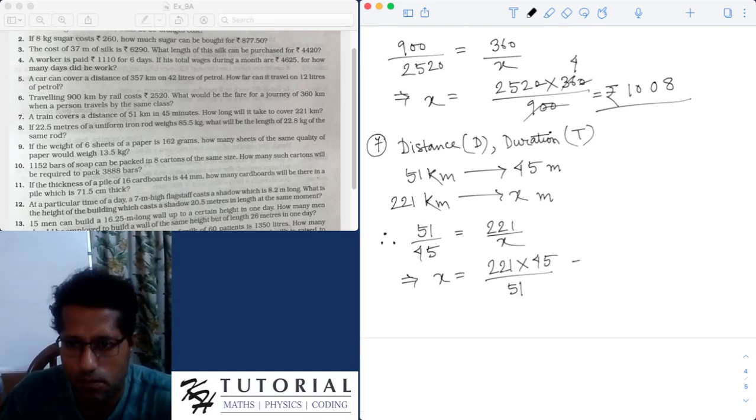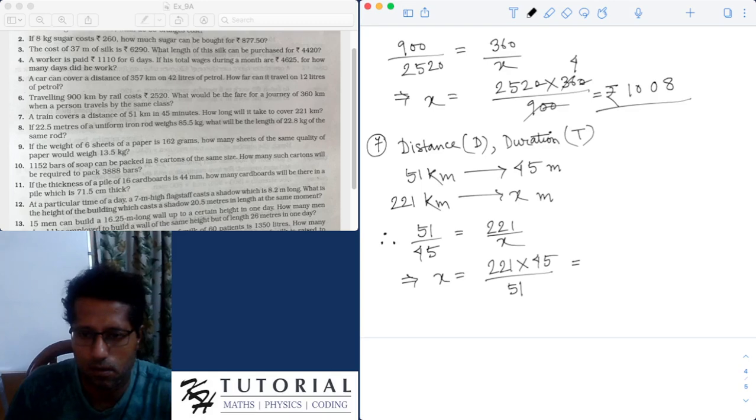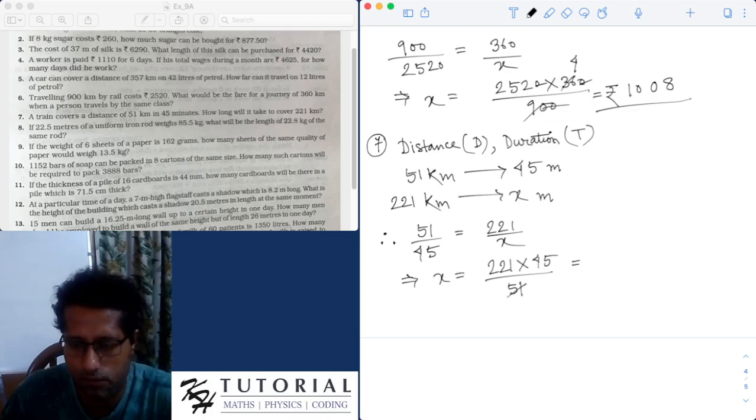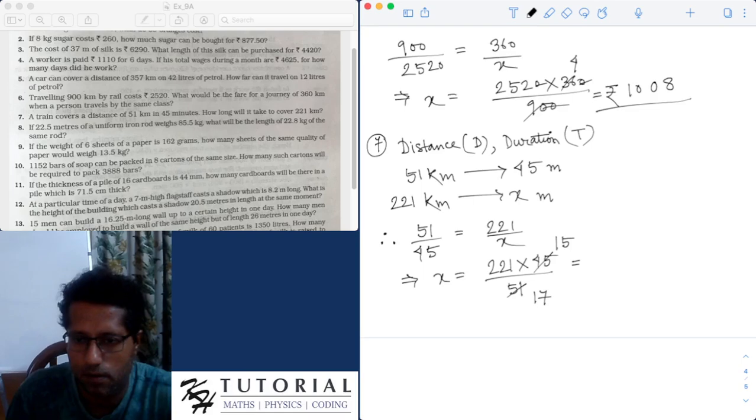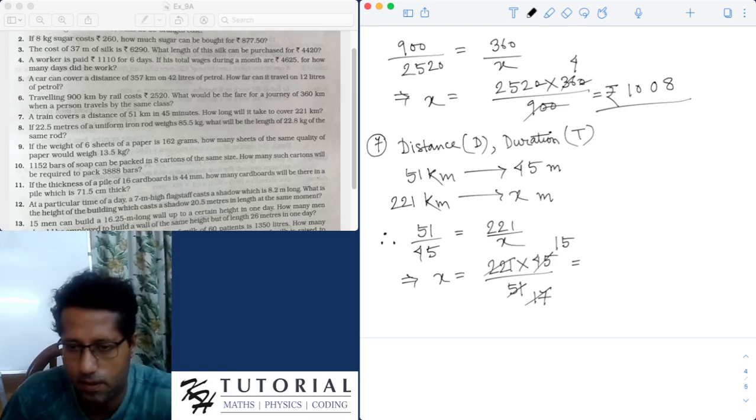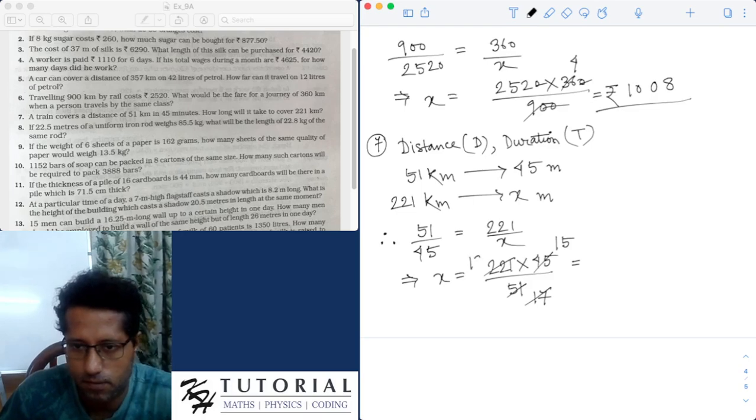This is 3 divides with 17, 3, 15, and I guess yes, 17 will divide 221 by 1 and 3.